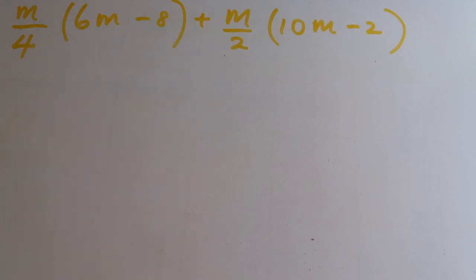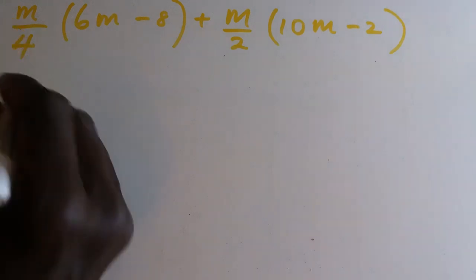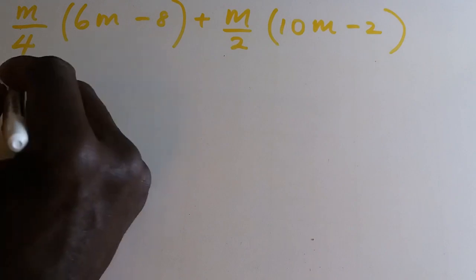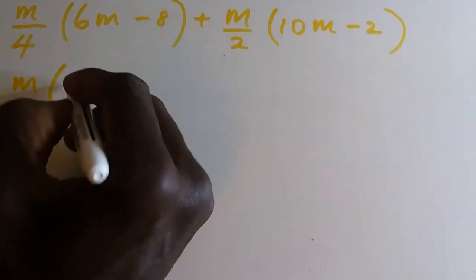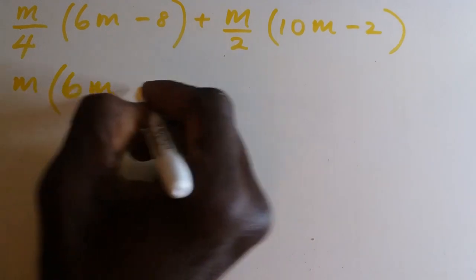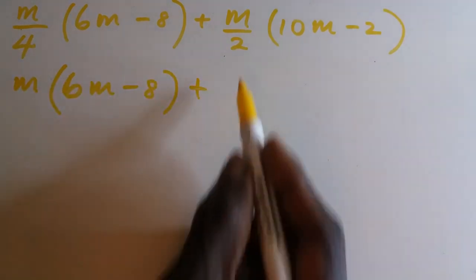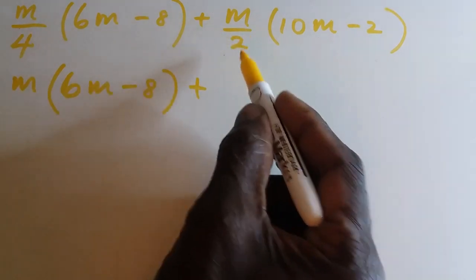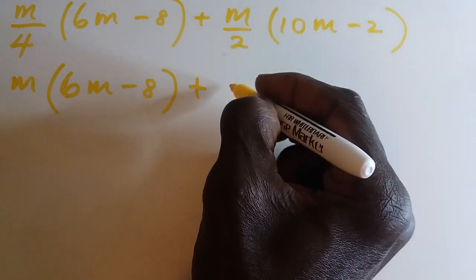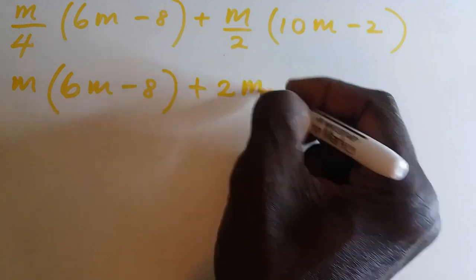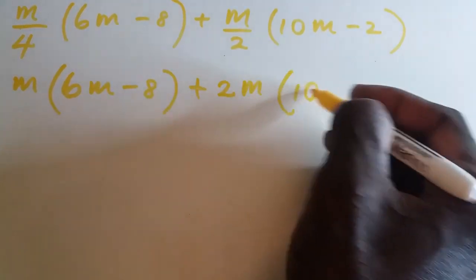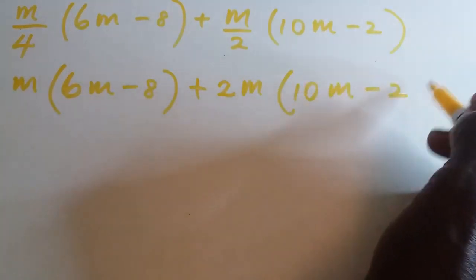So if we multiply this whole expression by 4, let's see what we get. So this by 4 will just leave us with m into 6m minus 8, add, and if we multiply this by 4, we end up with 2m into 10m minus 2.